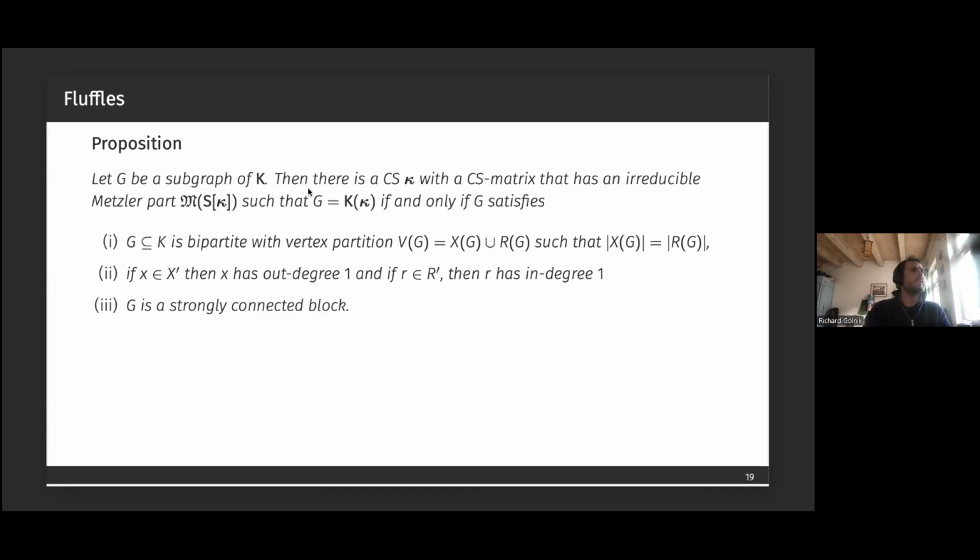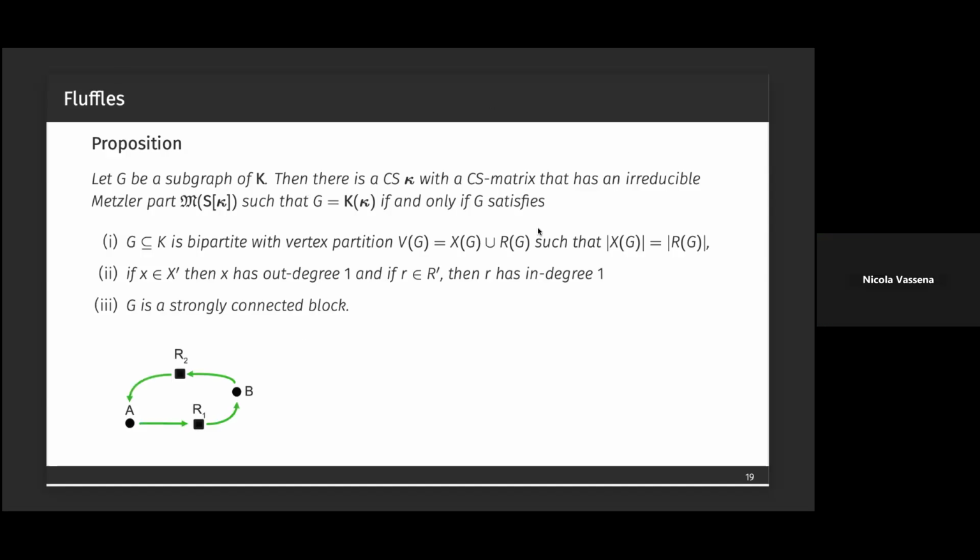So if I have a subgraph G of my Königs graph, and there is a child selection with a child selection matrix that has an irreducible Metzler part, such that G is the child selection induced subgraph, this is the case if and only if G satisfies what we've shown: the number of metabolite vertices is identical to the number of reaction vertices, each of the metabolite vertices has out degree 1, each of the reaction vertices has in degree 1, and G is a strong block.